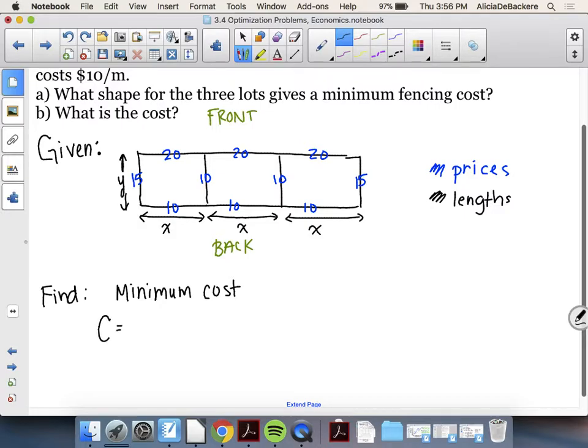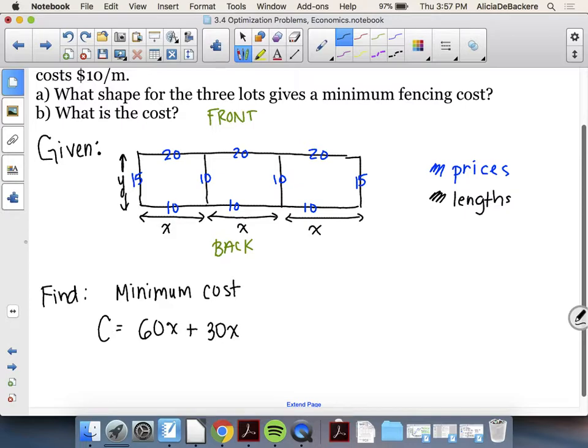I know that the total cost of the fencing going around these lots is going to be across the front 20 times the length x, 20 times x, and 20 times x, or altogether 60x. And then looking at the back of the lot, I've got 10x, 10x, and 10x, and altogether that will be 30x.